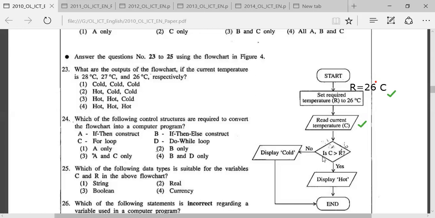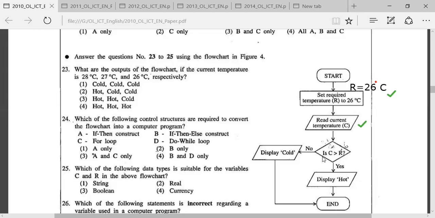Question mark, which means you are going to check a condition. For this particular condition, there are two options available, yes and no. So if you are having yes and no, it might be a selection, not must be. It might be a selection, because in iteration or repetition also you will have yes, no.